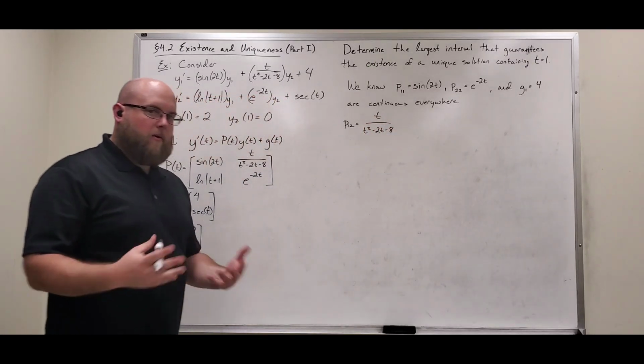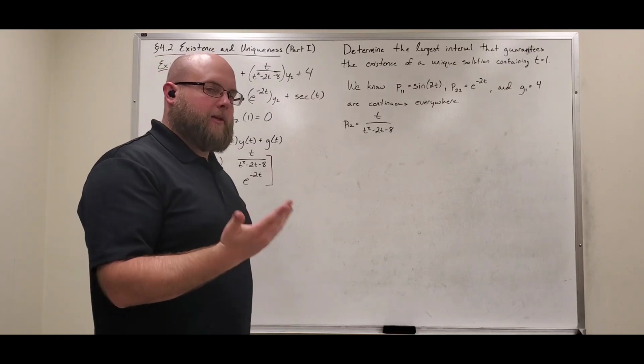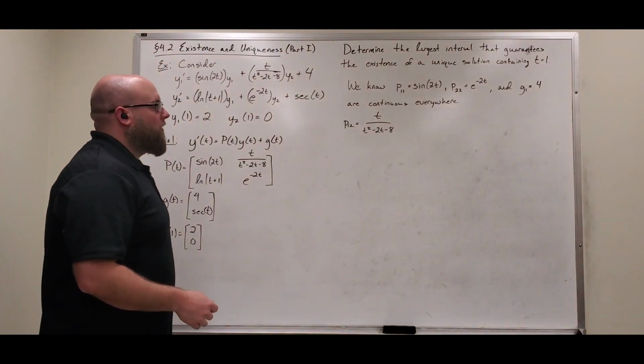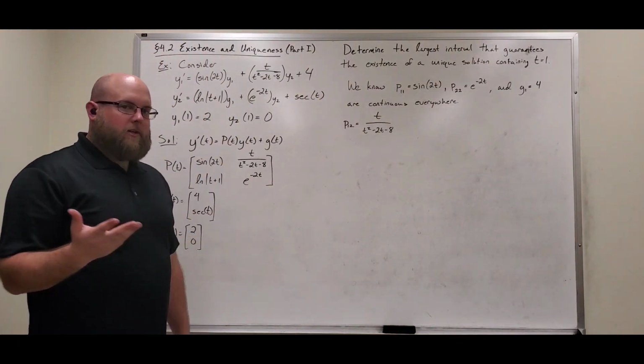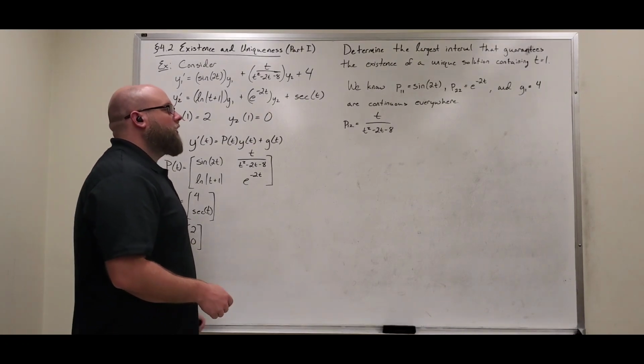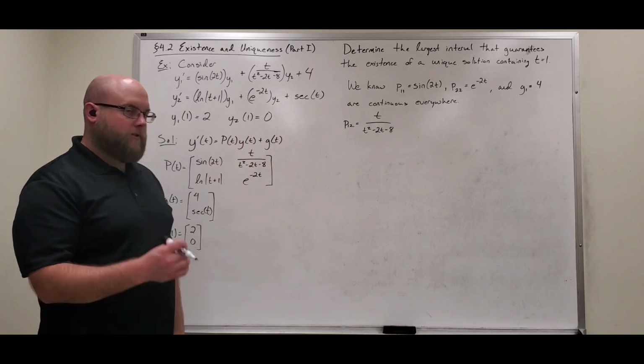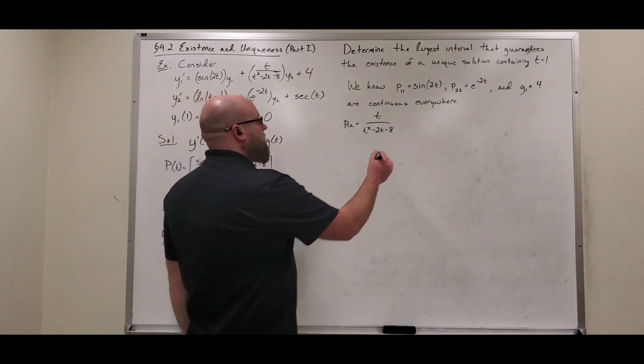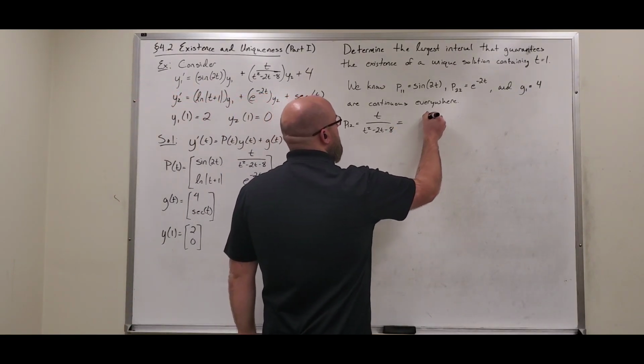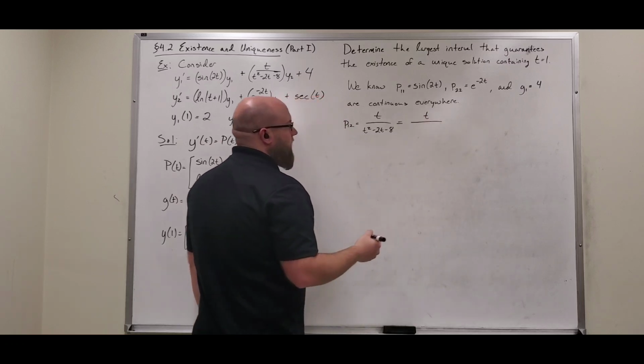All right, let's talk about where this guy is discontinuous. That's a little bit easier question in this sense. He's only discontinuous when we have division by 0. So let's find out when the denominator, t squared minus 2t minus 8, is 0. Let's just factor it down.